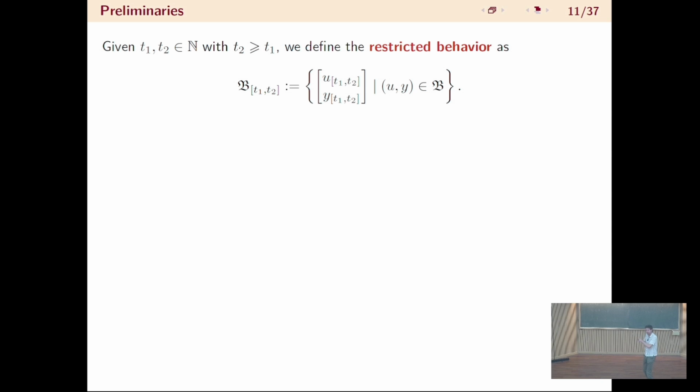Then I define the restricted behavior in the following way. It's all restrictions of u to the time interval [t1, t2], and all outputs y restricted to the time interval [t1, t2], for which (u, y) is in the behavior. So I look at an arbitrary trajectory (u, y) in the behavior, I restrict it to this time interval between t1 and t2, and that must then be in the restricted behavior. In fact, the restricted behavior contains all of these restrictions.